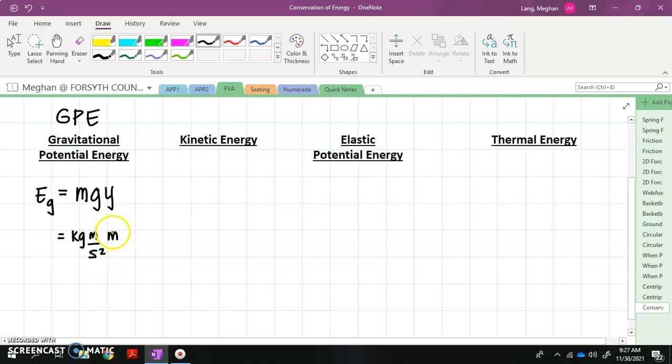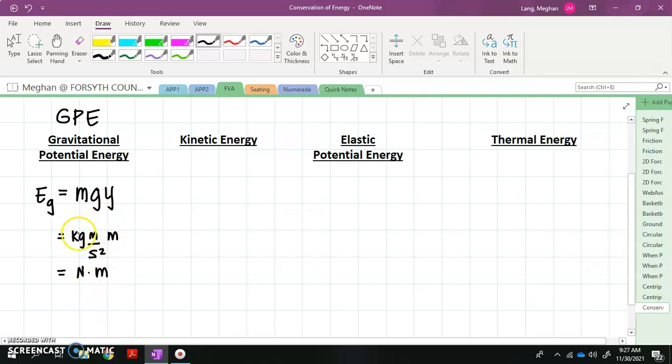If you remember from when we were doing forces, and we first derived the unit of a Newton, we said that a Newton was a kilogram multiplied by a meter per second squared. So this chunk, kilogram meter per second squared, that is a Newton. So I get a Newton times a meter.